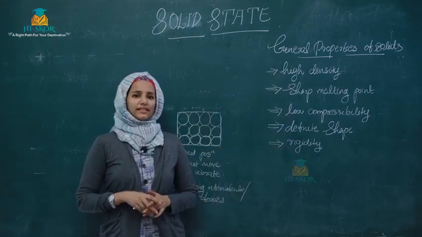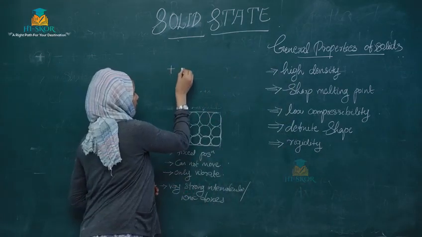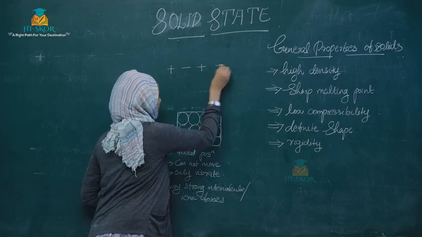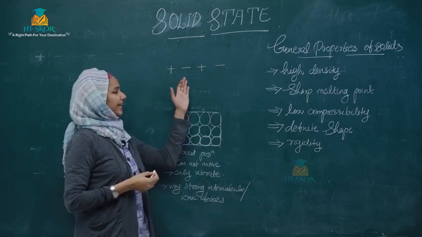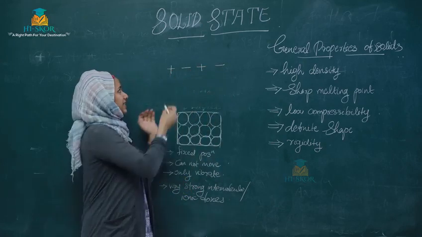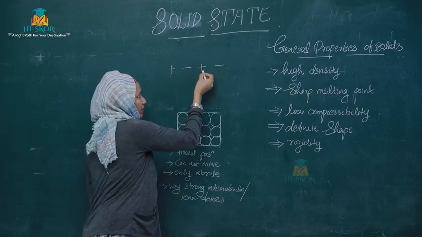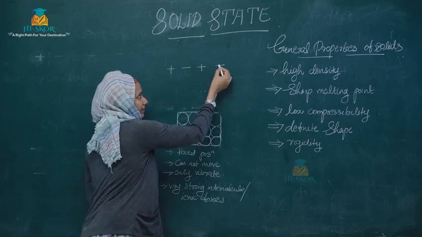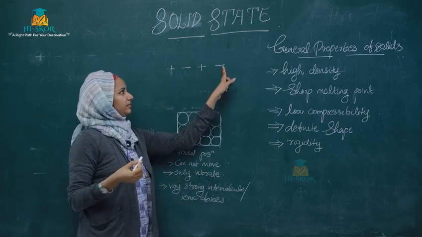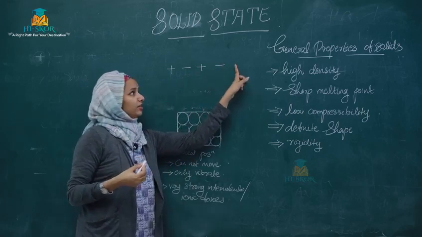So, in solids I told you positive, negative ions are there. On seeing this structure itself, we can see that after a positive, the negative is coming, positive, negative, like that. From seeing the last symbol, we can predict what is upcoming.